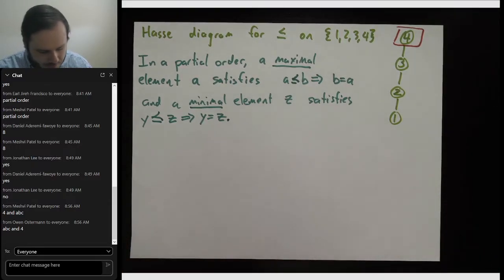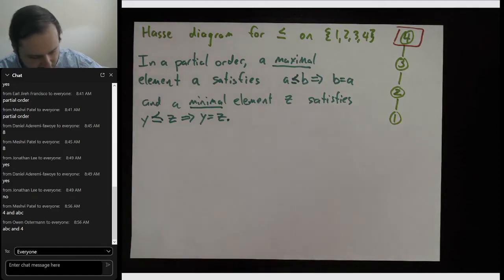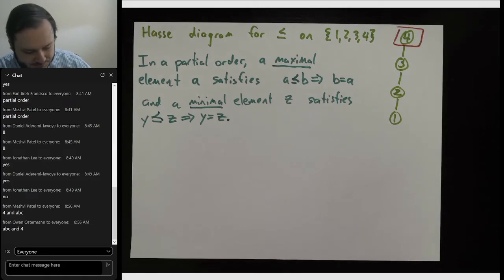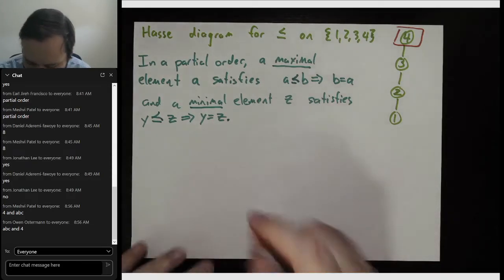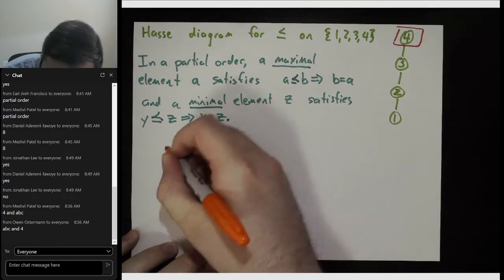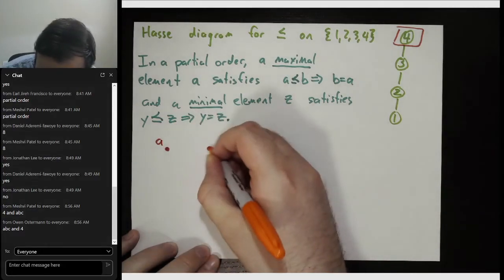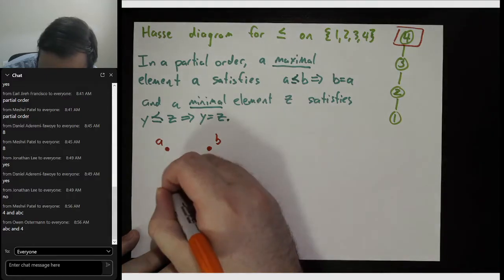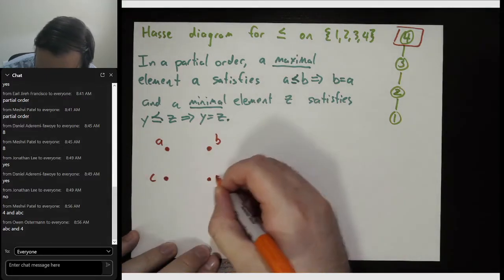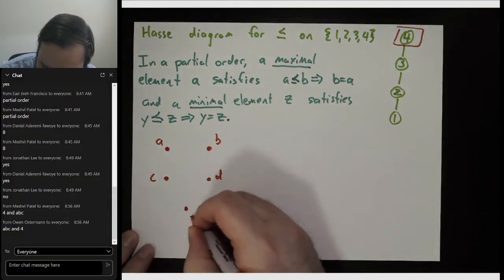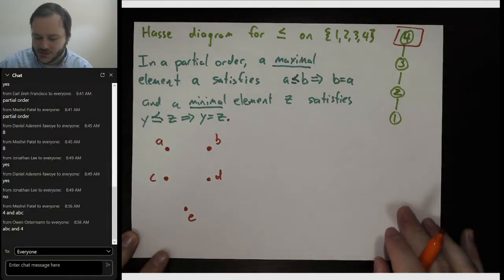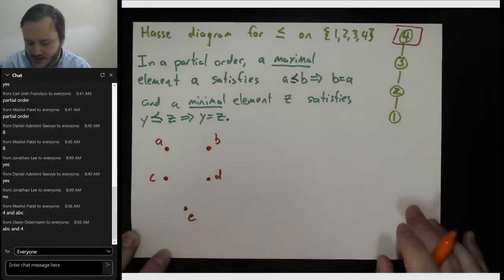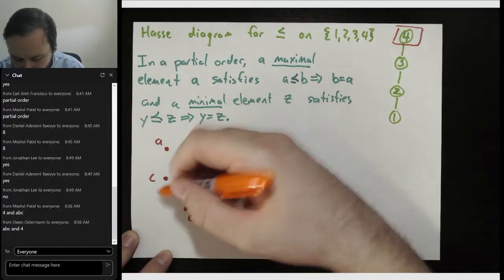So now that we have Hasse diagrams, I can draw partial orders much easier. I can give you examples of partial orders much easier. Here's A, B, C, D, and E. These are 5 elements I have in a set, and here's the partial order on them.